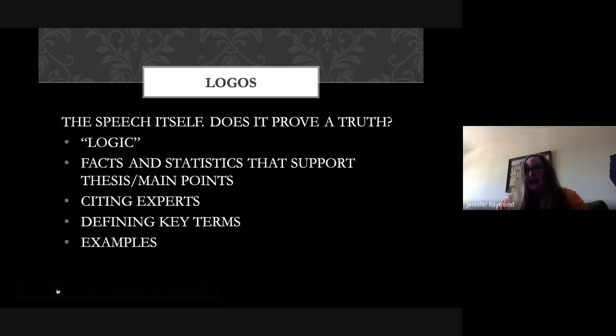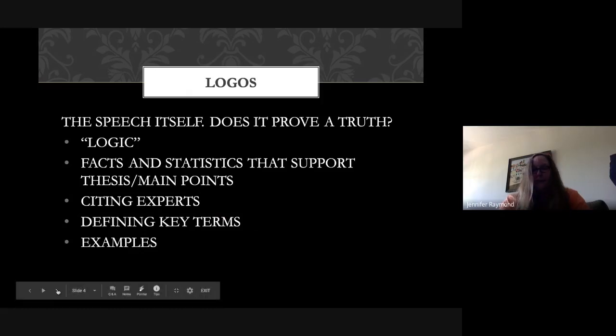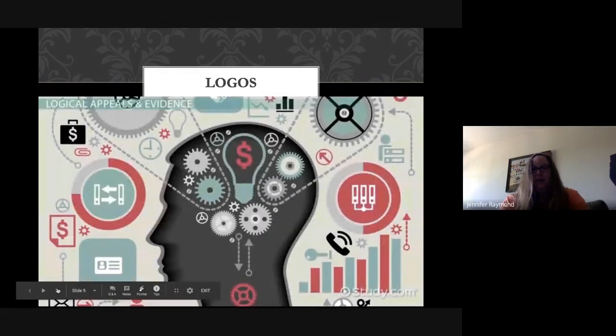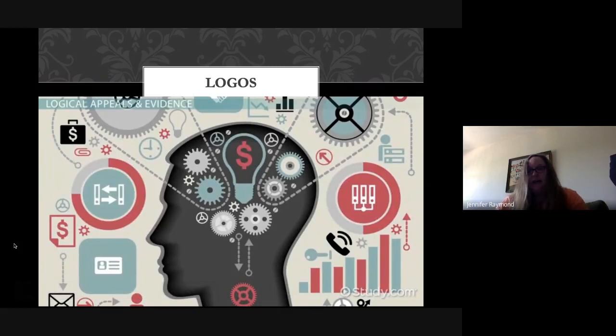Maybe you're citing experts or articles that cite experts. You're giving definitions of key terms. You're providing concrete examples. You're actually proving factually what you're talking about. So you want to think about logos as the logical appeal, providing evidence, appealing to your audience's brain.